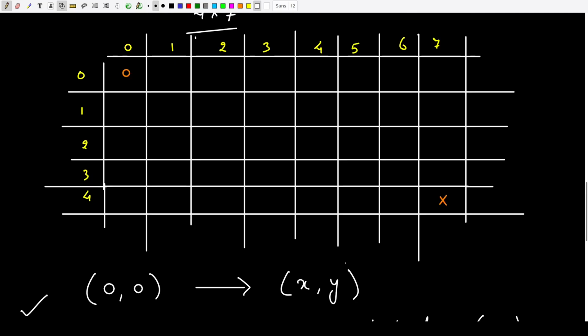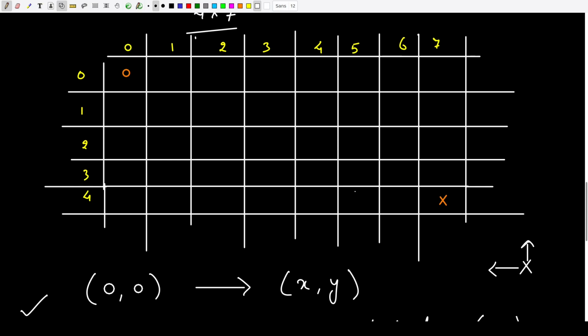As you can see, when we were coming from x, y to 0, 0, the options which were available to us, let us see, we are at this position, is either we can move towards left or we can move towards top.